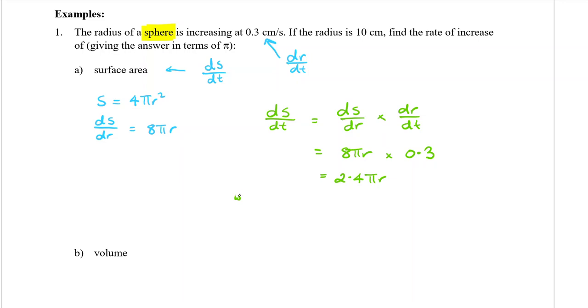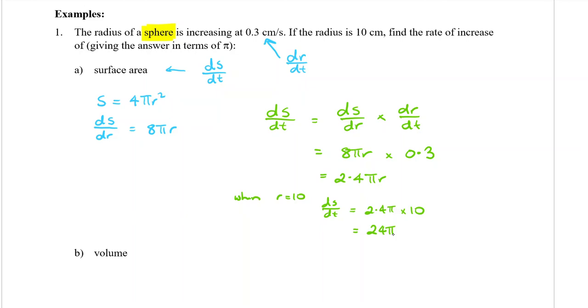So when r equals 10, dS over dt is going to be 2.4 pi times 10, and we get an answer. If I leave it exact, that's 24 pi, because 2.4 times 10 is 24 pi.